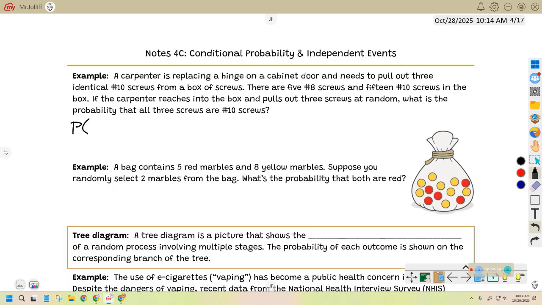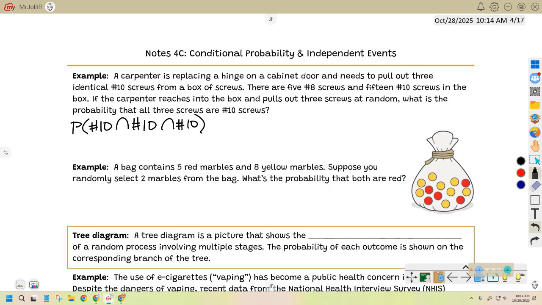In statistics language, this is asking us the probability that I draw a number 10 screw, and then I draw another number 10 screw, and then I draw another number 10 screw. So I'm drawing 3 screws, one after the other after the other. I want them all to be number 10.